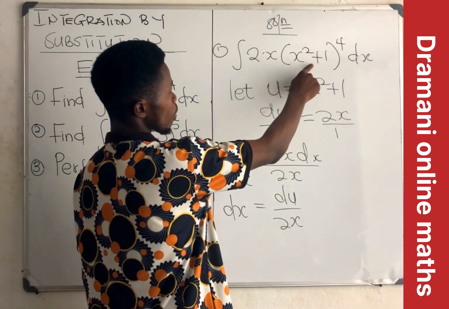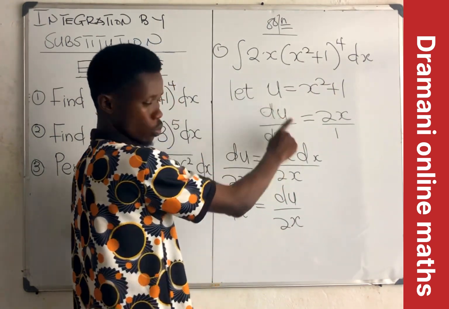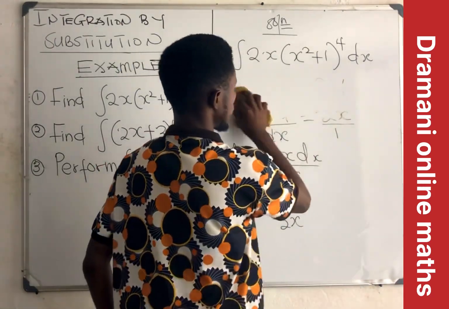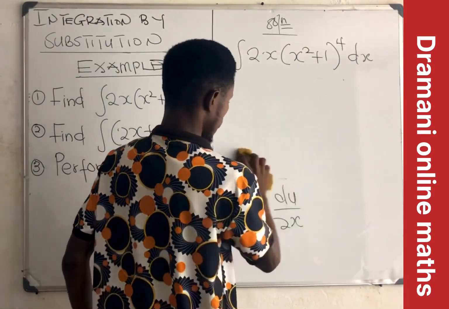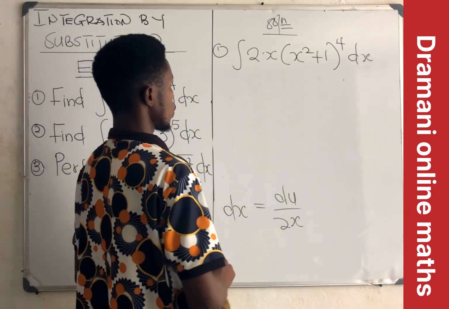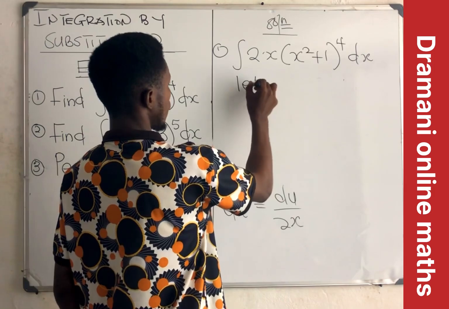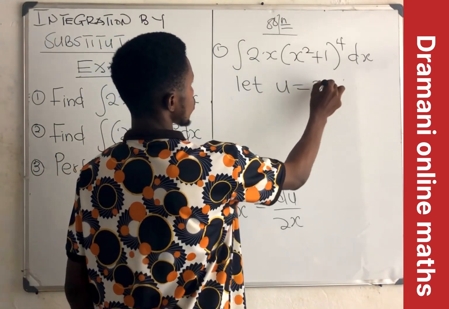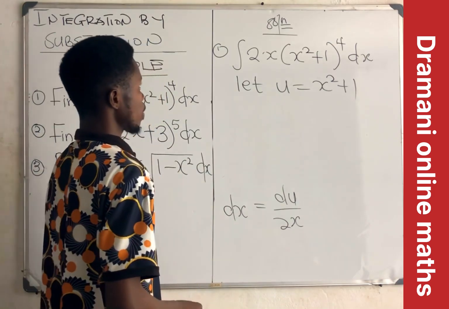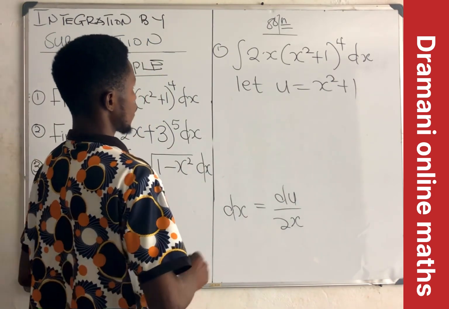And when I see x squared plus 1, it is now u. So u was equal to x squared plus 1.